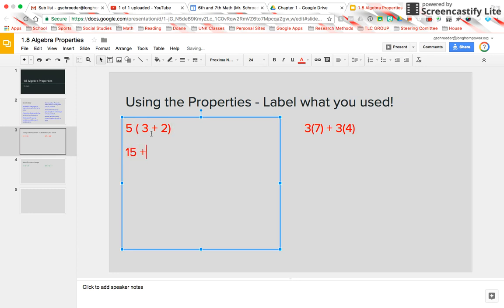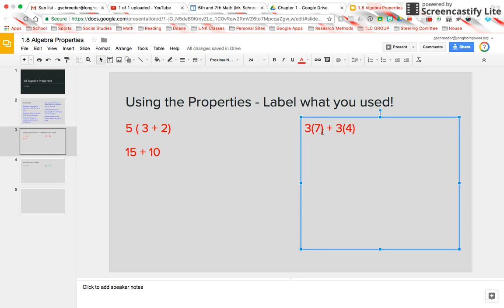In addition to that, I still need 5 times 2. 5 times 2 is 10. 15 plus 10 would equal 25, which was the same as if I had gone by PEMDAS. 5 times 5 is 25. But again, we're working on rewriting things so that we can see them in different ways and understand that they're still equivalent expressions. We're not so much looking for the final answers like we would many other times.